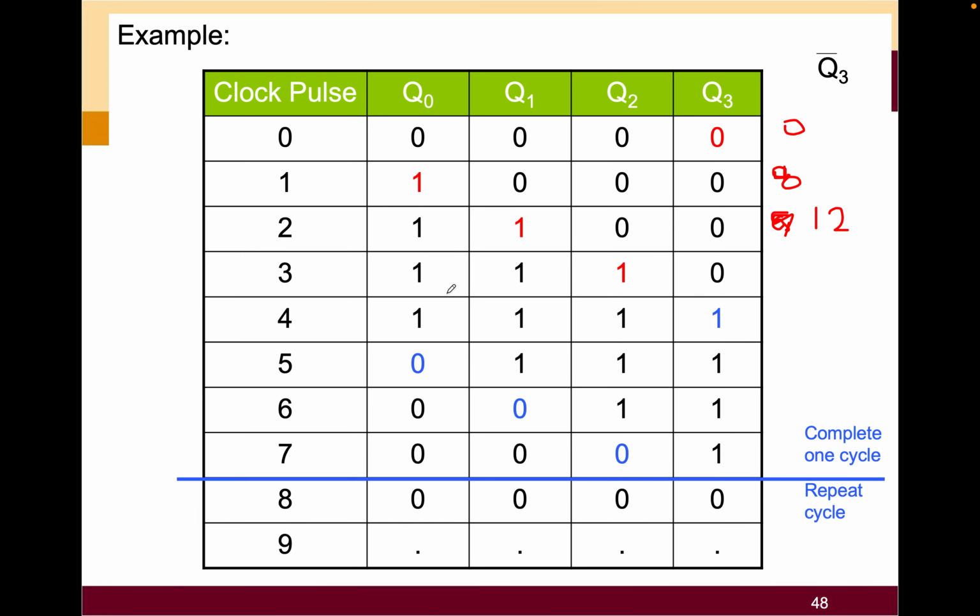And here will be 8, 4, 12, 14. This one will be 15. This will be 4, 5, 6, 7. This will be 3. This will be 1. And it's going to go back to the 0, 0, 0. This is how the Johnson counter counts the input.